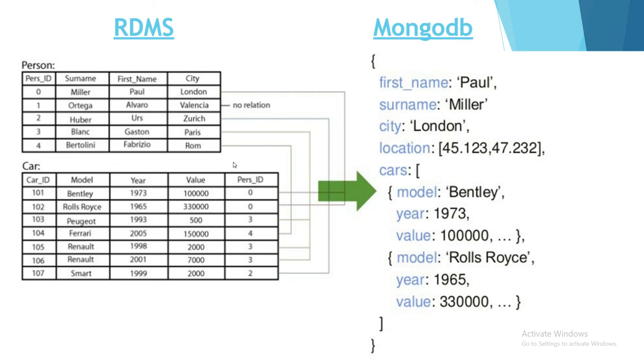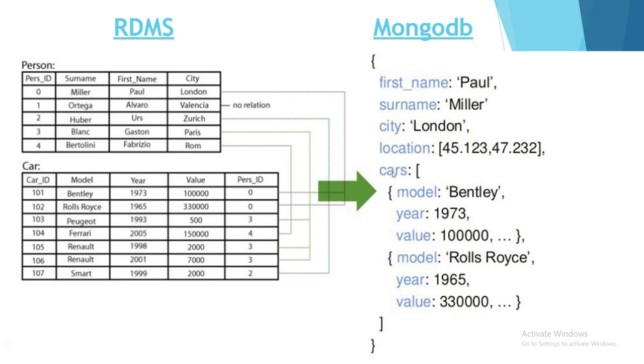Now how it is implemented in MongoDB is that everything is represented in a JSON-like BSON format. For the person table, you can observe first name, surname, city, and location extra added here. And to avoid the joins concept, they are embedding this data here only.